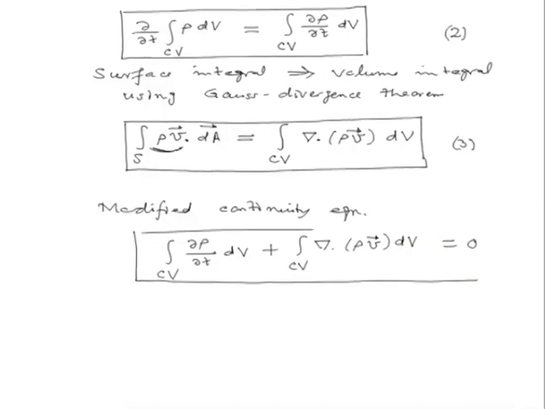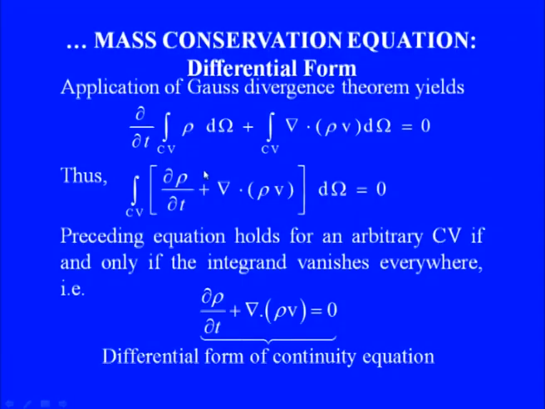Now what we have got on the left hand side are two integrals over the same control volume, and hence we can easily couple these two together, and we can write this as del rho over del t plus divergence of rho v. This is what becomes our integrand.